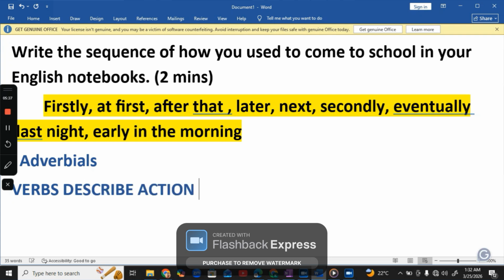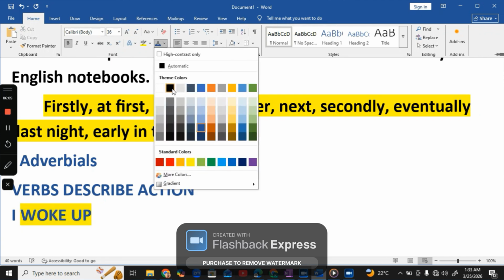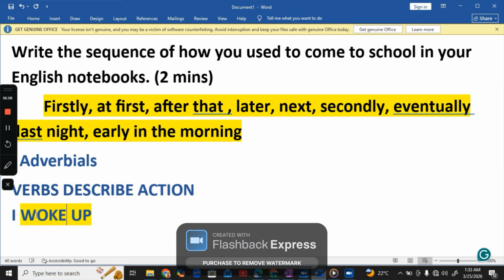So if I say that I woke up early and we played after lunch, all right? So if I say that I woke up, what is woke up in this sentence? Try to do it yourself. What is woke up in this sentence? Woke up is a verb. So this verb and noun make a sentence.